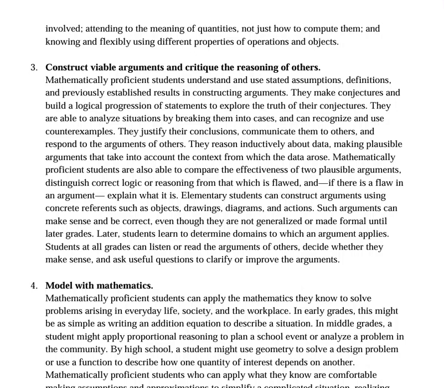Elementary students can construct arguments using concrete referents such as objects, drawings, diagrams, and actions. Such arguments can make sense and be correct, even though they are not generalized or made formal until later grades. Later, students learn to determine domains to which an argument applies.